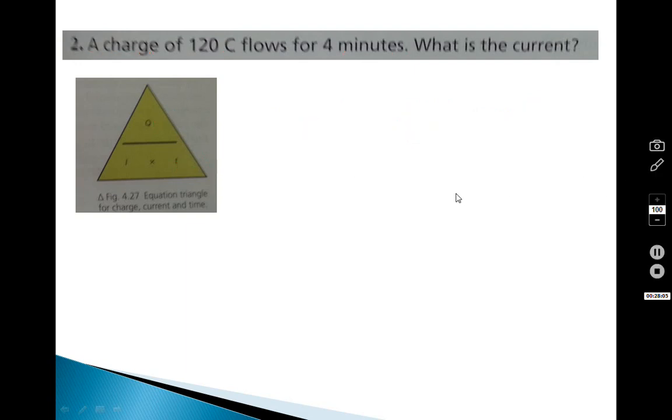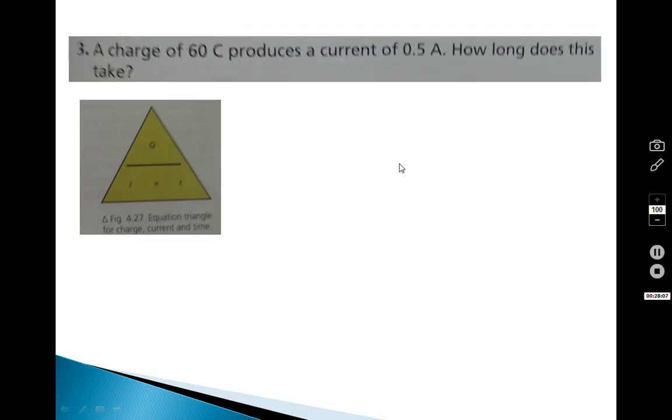Okay. Now we'll move to another question. It's the same. I think I will leave this for you. A charge of 60 coulomb. We have 60 coulomb of a charge Q. It produces a current of 0.5 ampere. So how long does this take?